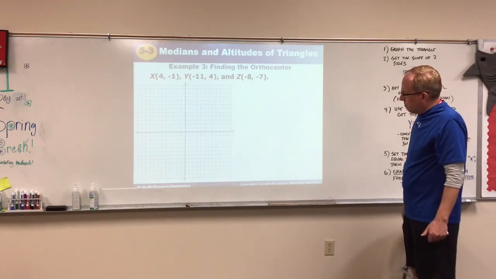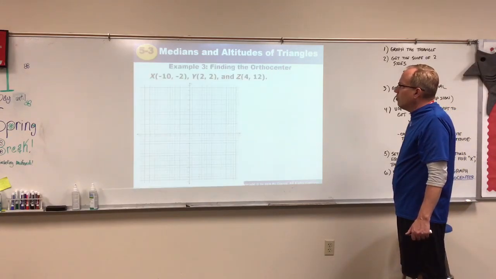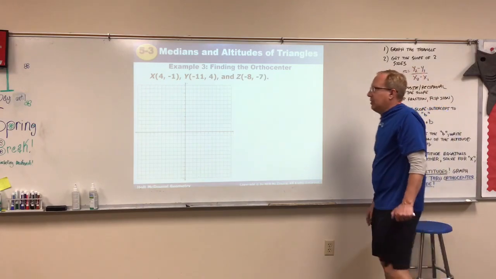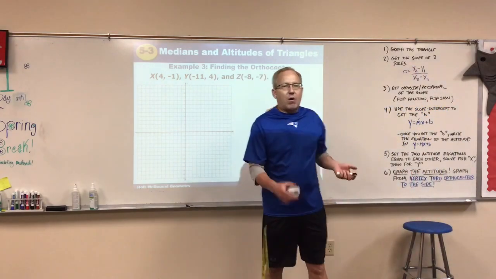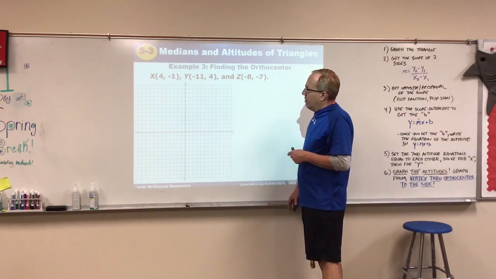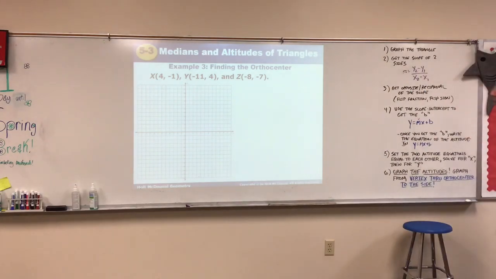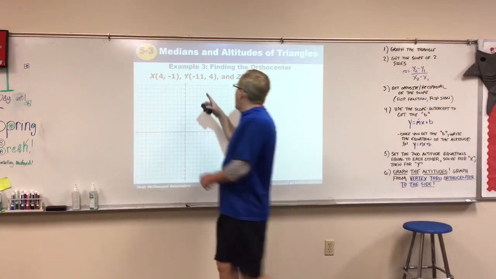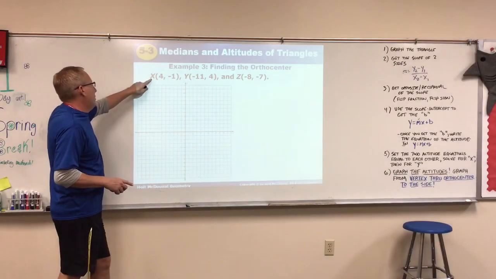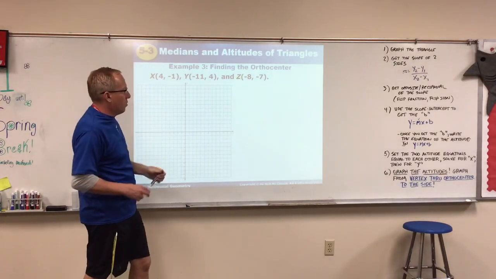Okay, so one of the things that we will do is I'm going to go over 2 examples on how to solve for this orthocenter mathematically through these procedures. And I have the procedures up here on the board. And so we're going to find the orthocenter of a triangle with vertices X, Y, and Z at these coordinates.